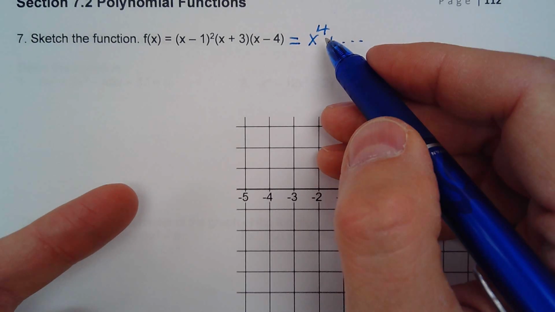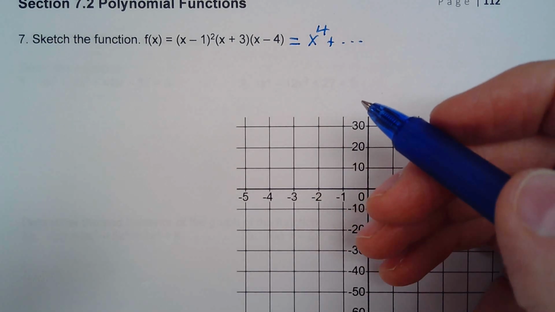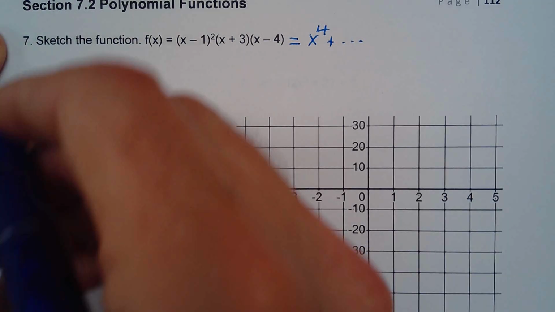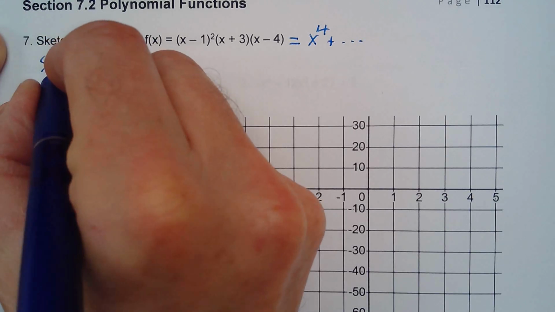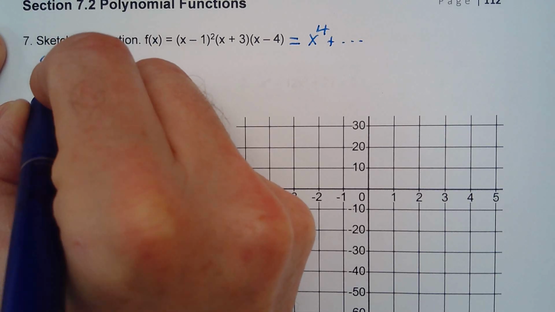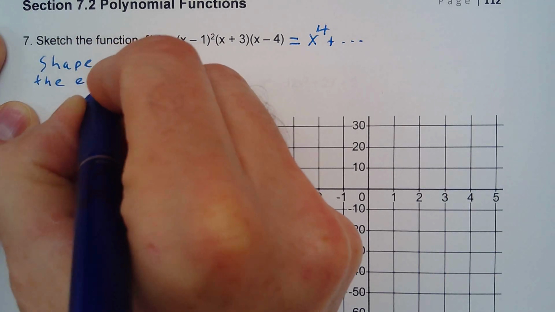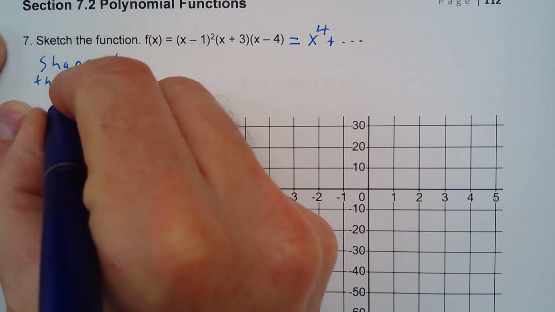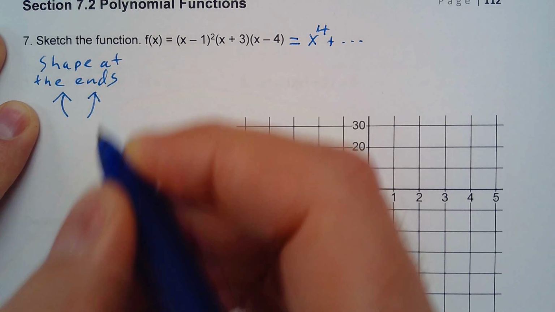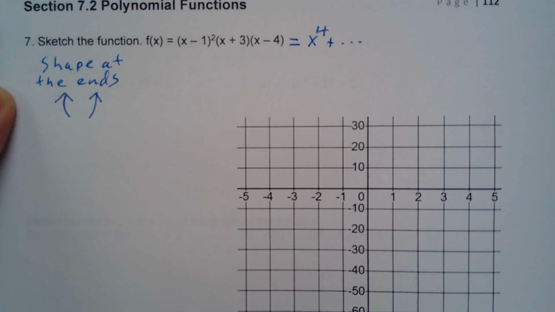The power here is even. The coefficient of that leading term is positive. So my general shape at the ends, or end behavior, is going to look like this. That's kind of step one.